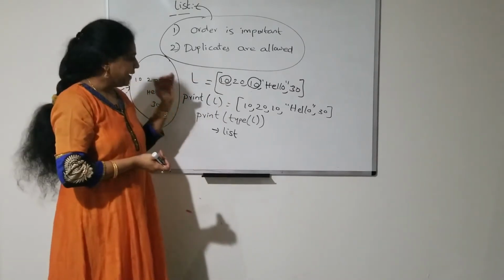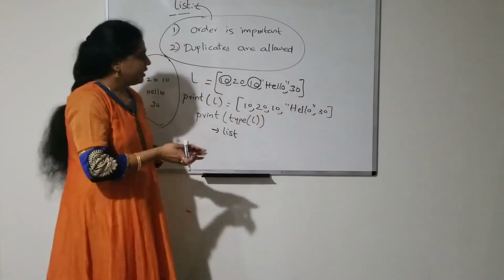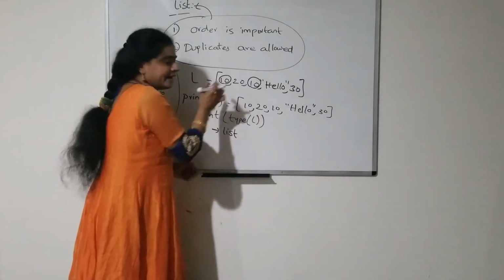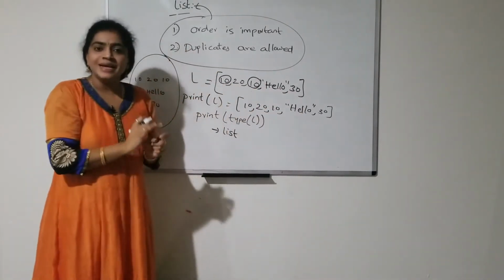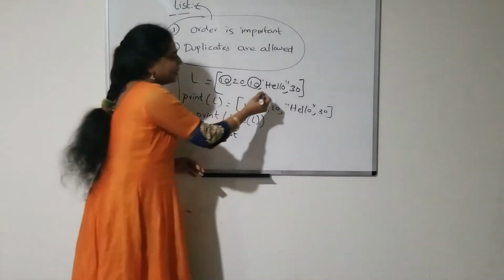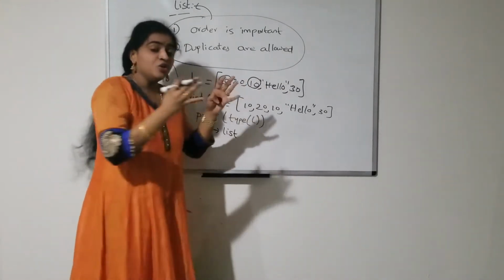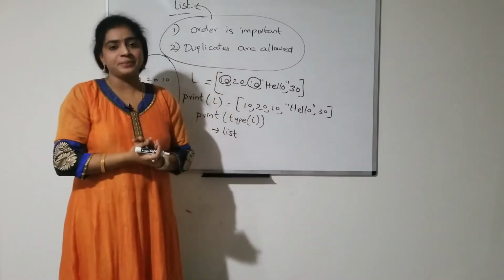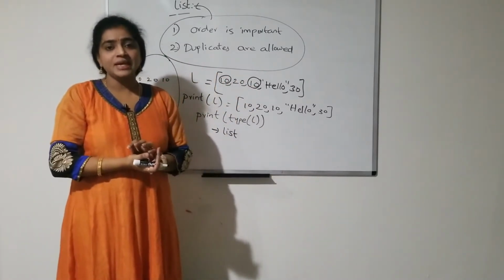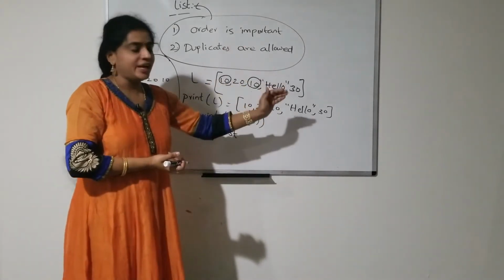And next, here in my list, if you observe, you have multiple data types: 10, 20, 10, 30 are all integer data types, and hello is a string data type. That means within the list you can take heterogeneous data types, different data types as you wish.